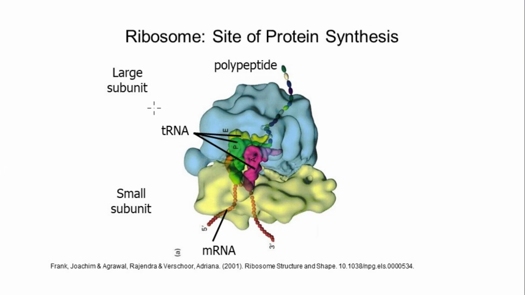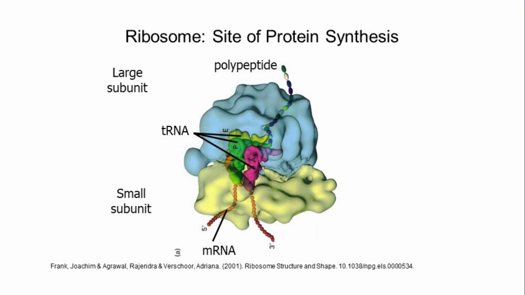The ribosome consists of two subunits, a large subunit and a small subunit, that sandwich the mRNA between them. You can see the mRNA down here at the bottom. Here's the 5' end, and here's the 3' end. This mRNA is then fed through the ribosome in the 5' to 3' direction and read one codon at a time, and the appropriate corresponding amino acid is added to the protein being synthesized at that position.